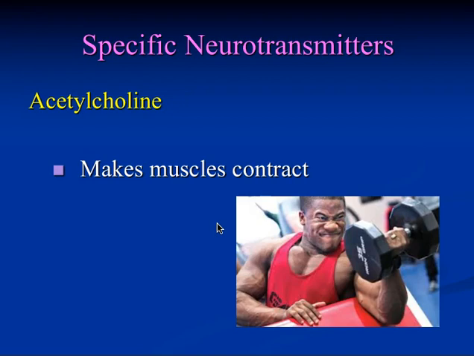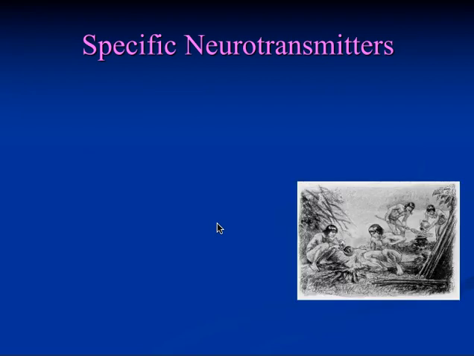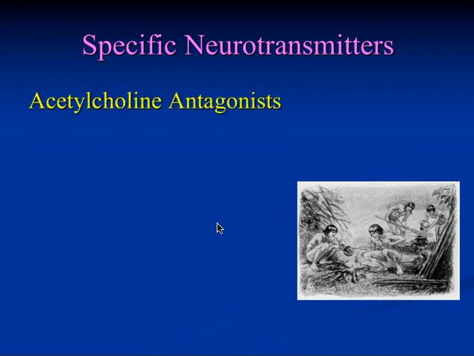At the junction between a neuron and a muscle fiber is where this action takes place. It will release, and then you will be able to move properly. Now, if you have a substance that is an antagonist for this neurochemical, such as the botulinum toxin, which is the toxin that causes botulism.